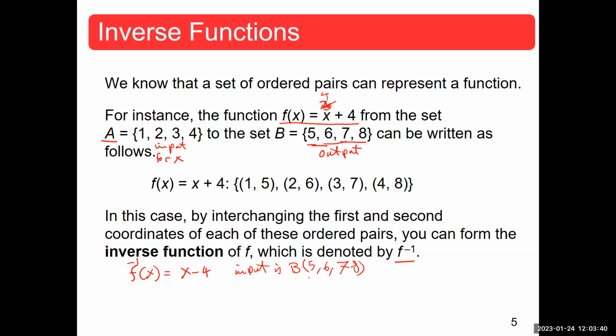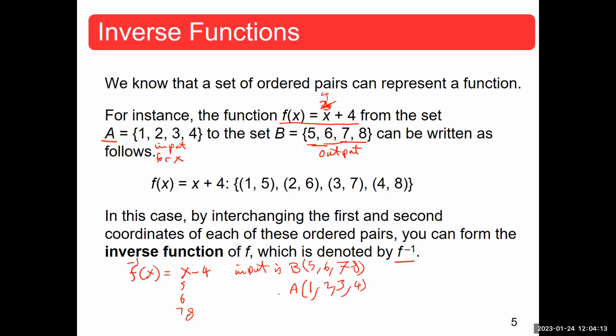Now let's see what happens if we plug in 5. 5 minus 4 is 1. If you put 6, 6 minus 4 is 2. You put 7, what's the output? 7 minus 4 is 3. If you put 8, 8 minus 4 is 4. Well, what is that? That's the input A for the original.